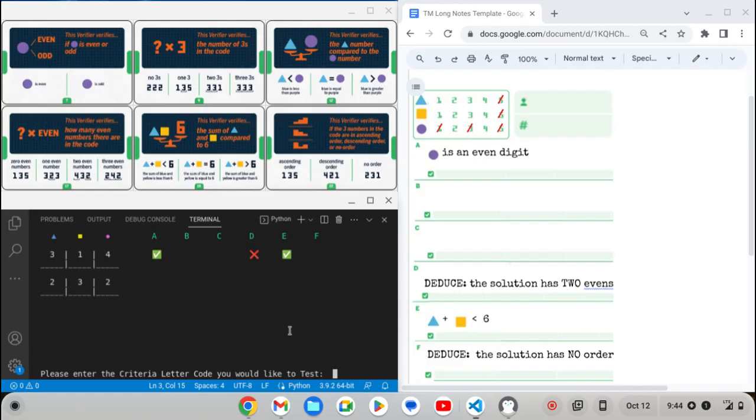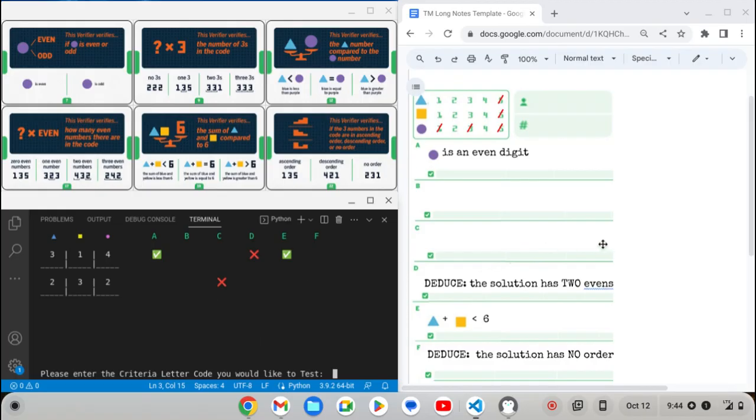Well, is it 2, 1, 2 or 4, 1, 4? So there may not be a way to deduce one of those. So let's go ahead and test criteria card C. Okay, wow, they're not equal. Oh, okay.